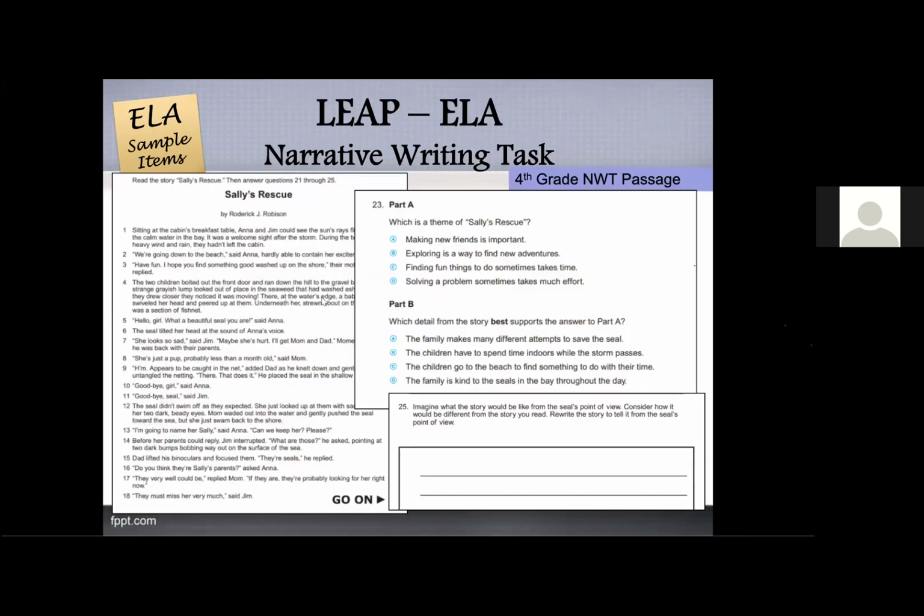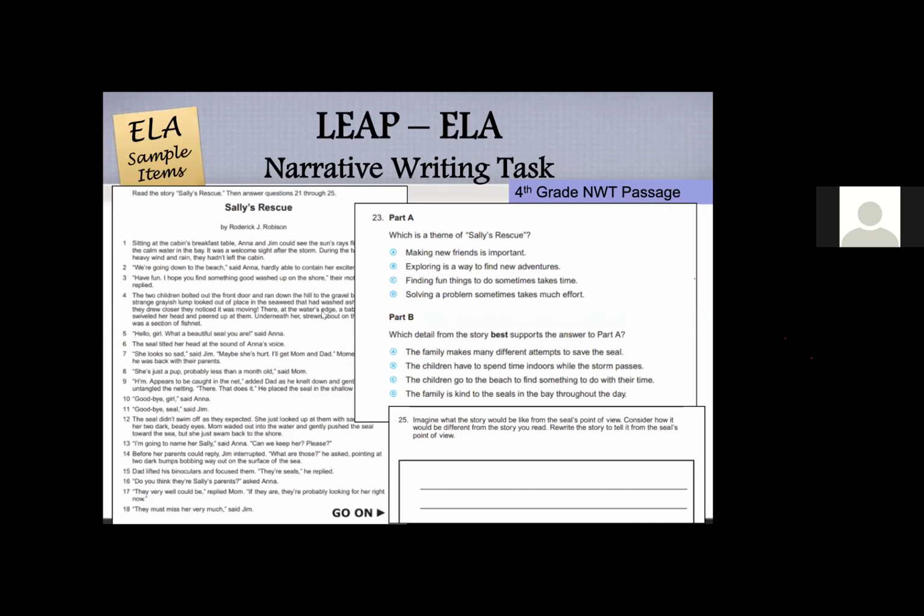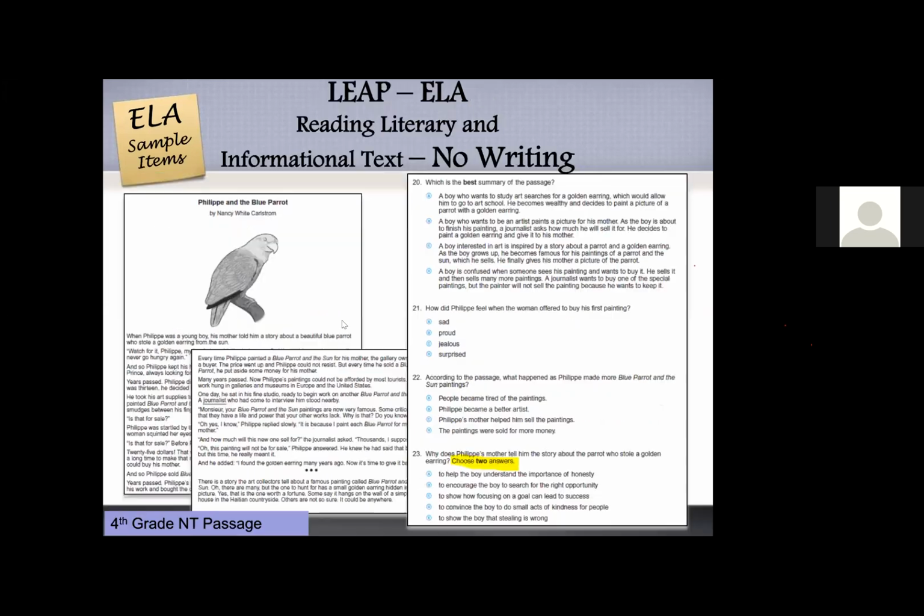This is an example of a narrative writing task. Same situation as the rest. It's going to give them the story, a part A and part B question, and then give them the ability to creatively write their own narrative. Informational text is a possible writing assignment, or not writing assignment, multiple choice, where they're reading, they're pulling information from that text to respond to the questions with.